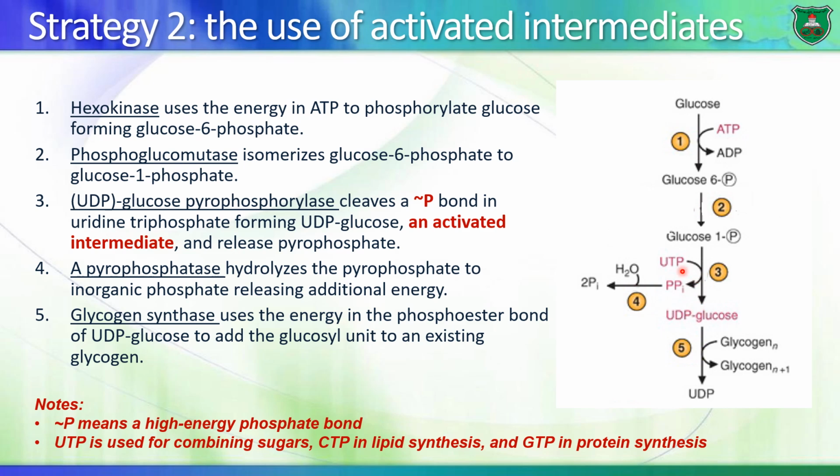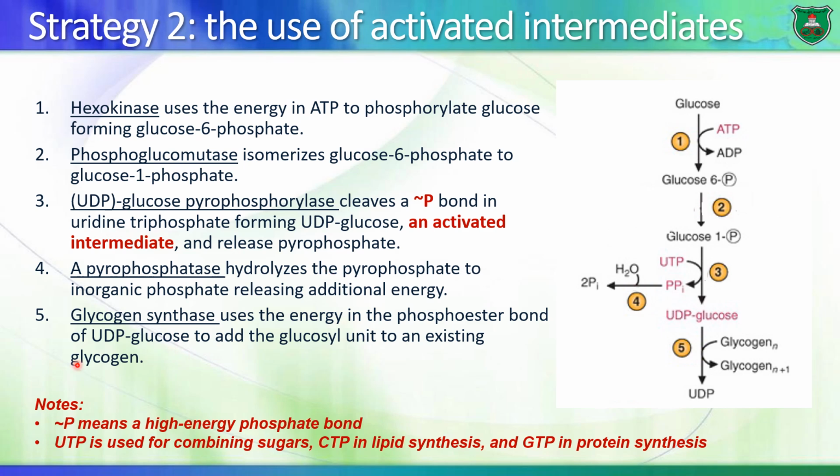Okay, and this reaction is also exergonic, by the way, so it moves really quickly. Okay, and then you have the final reaction that utilizes the energy within the UDP glucose molecule to catalyze the attachment of a glucose molecule to an existing glycogen.